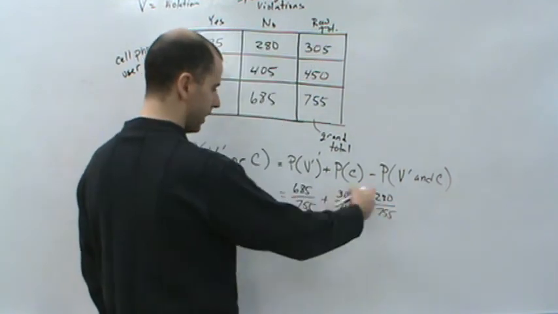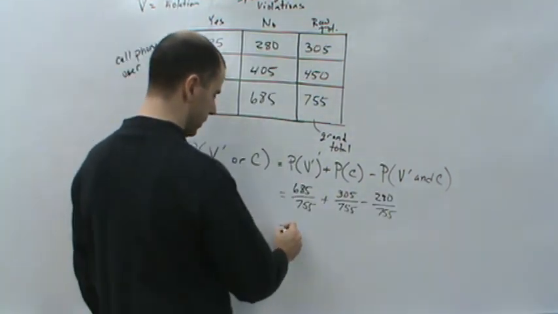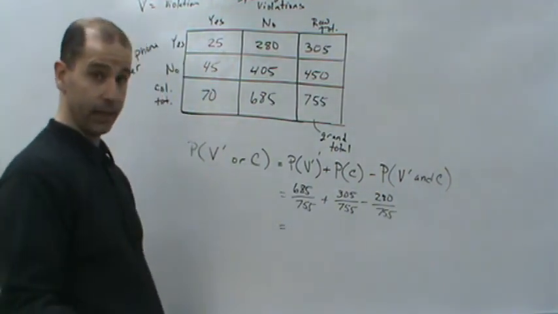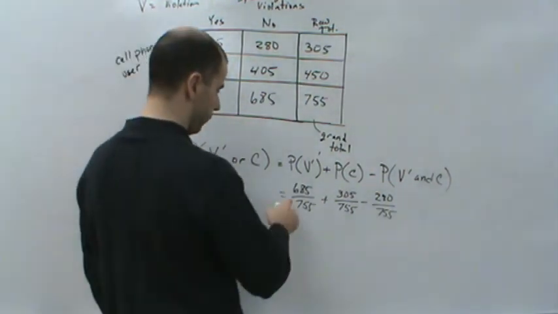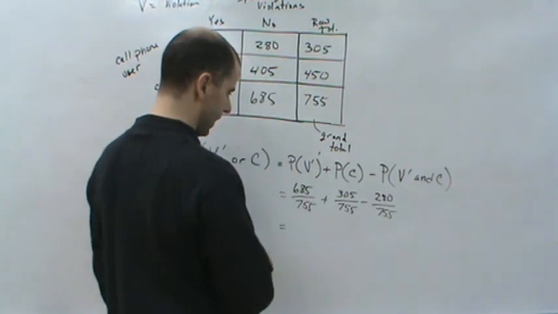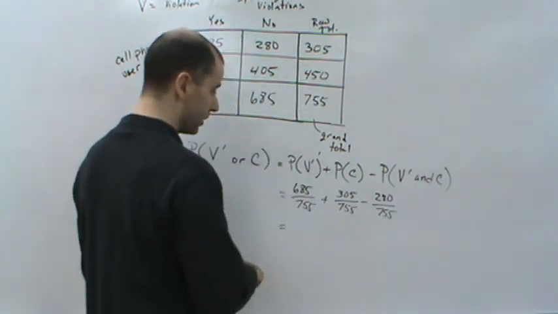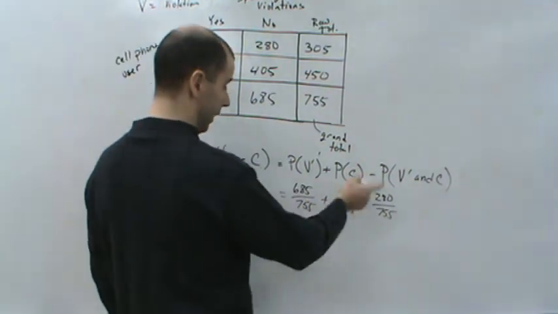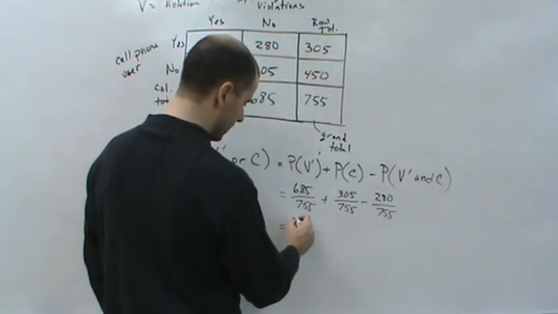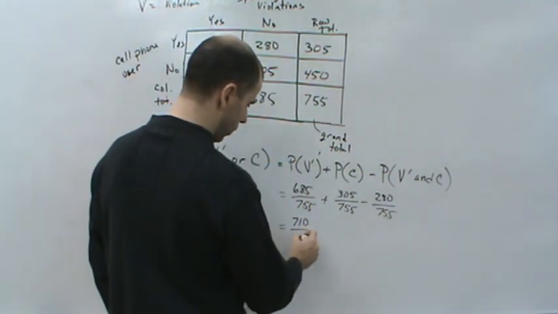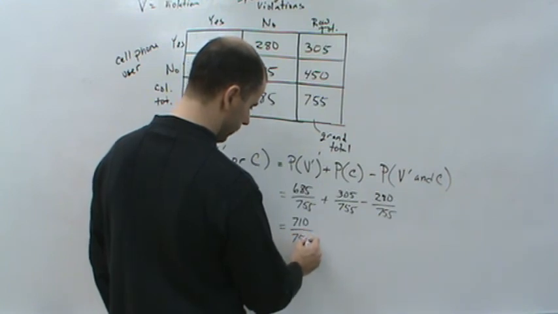Well, if we just add and subtract the numerators and divide by the denominator, we're done, right? So this plus this gets us 990, and then 990 minus 280 is 710. So we get 710 over 755.